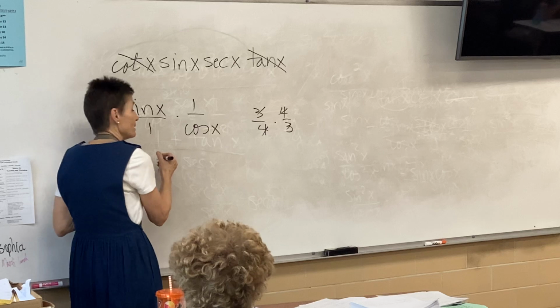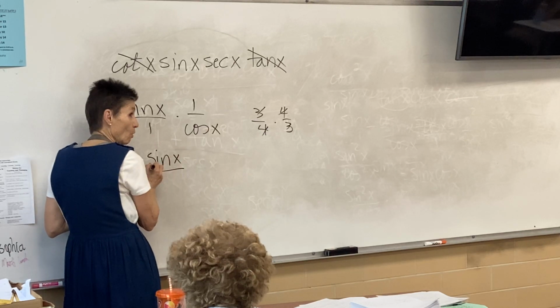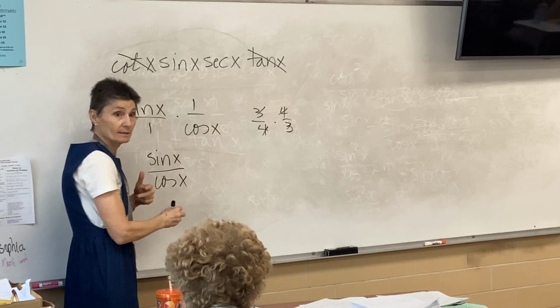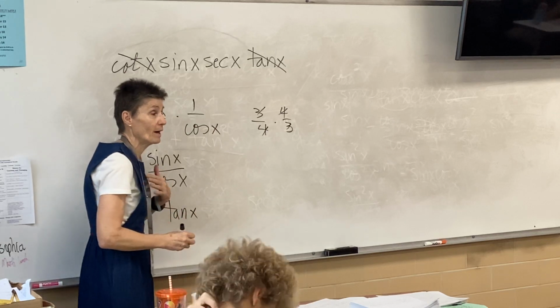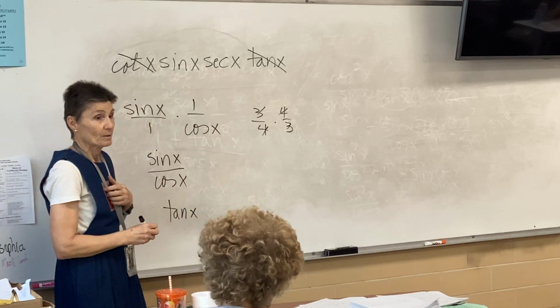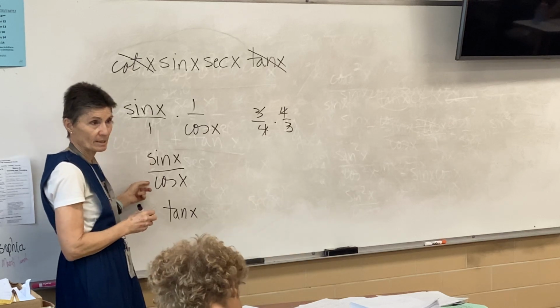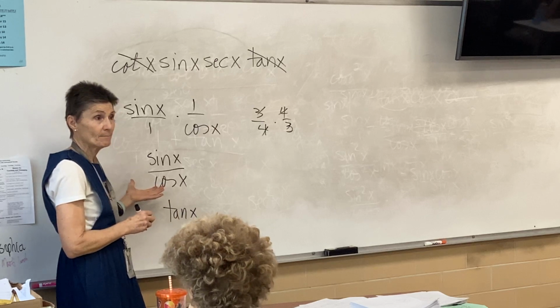So what am I going to be left with? Sine over cosine, which is tangent. You will have a colored sheet tomorrow. You might already have that one memorized because we use it a lot, but if not, that one's on your sheet. All right, everybody okay with that?